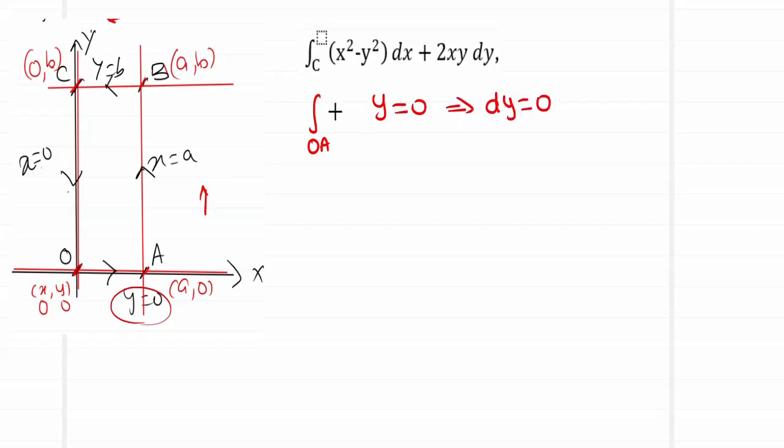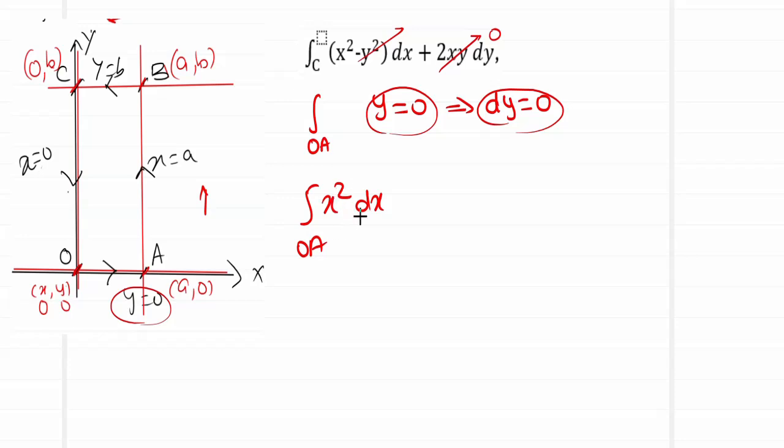This has to be evaluated for the expression x square minus y square dx plus 2xy dy. I will substitute y equal to 0 and dy equal to 0 over here. So this dy will vanish, this y square will vanish. So along OA, I will be left only with the quantity x square dx.